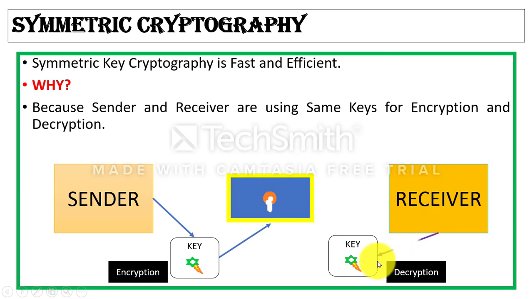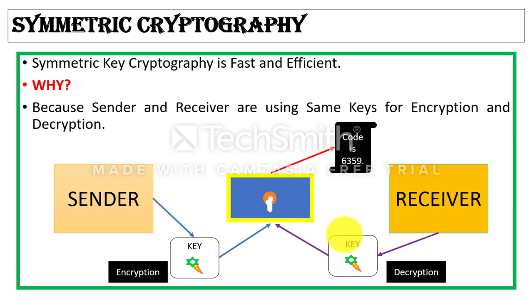Using this key, receiver can open this box. So when sender will lock this box, this process is encryption, and when receiver will use the same key to open the box, that is decryption. Now using this key, receiver can open this and get the message inside this box.